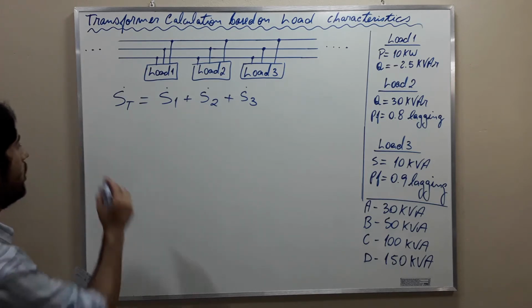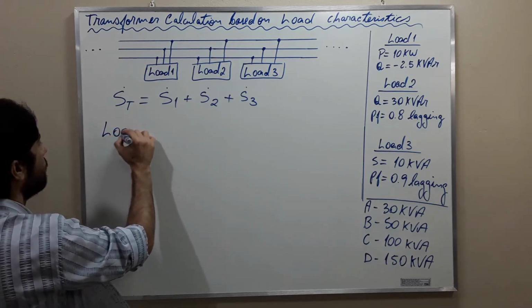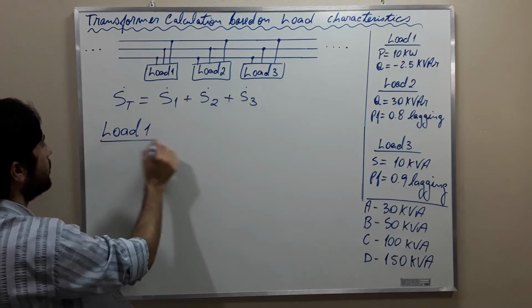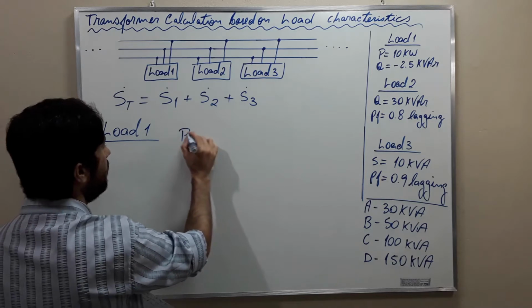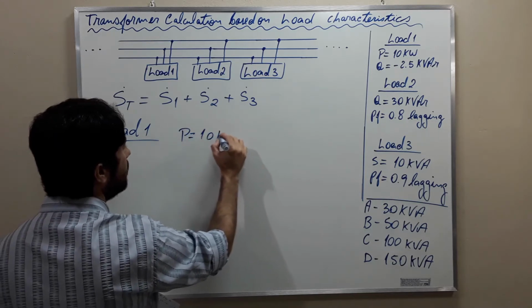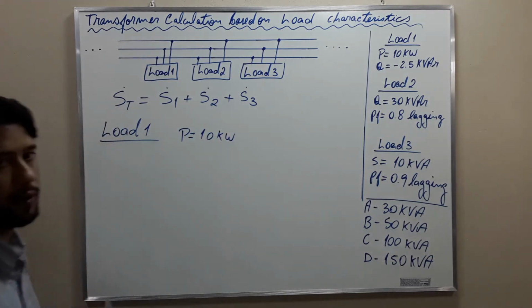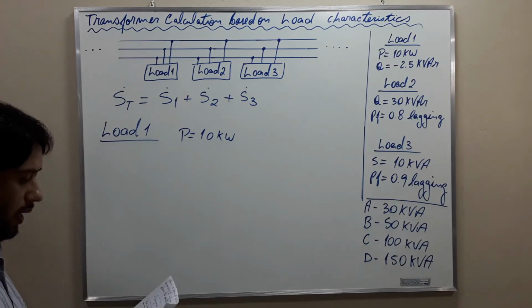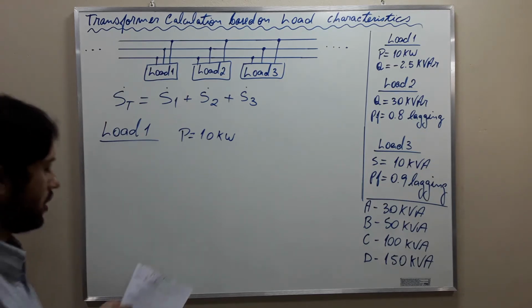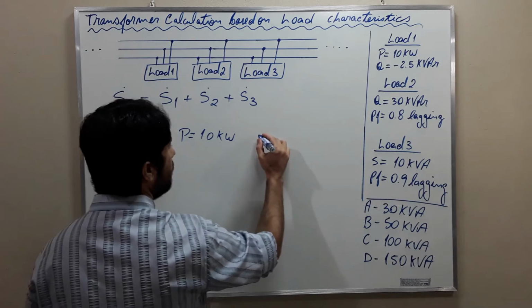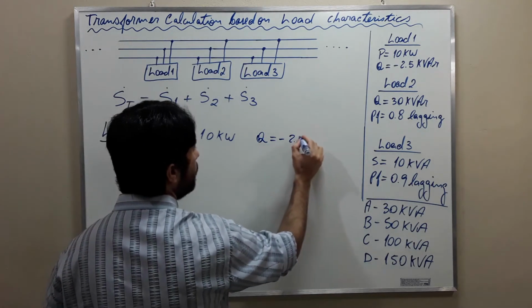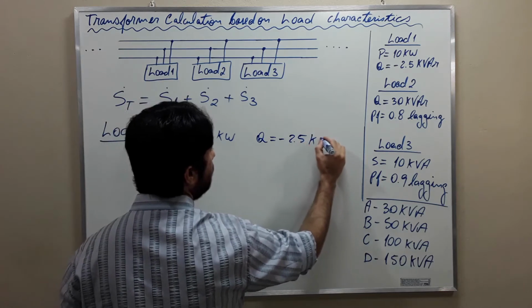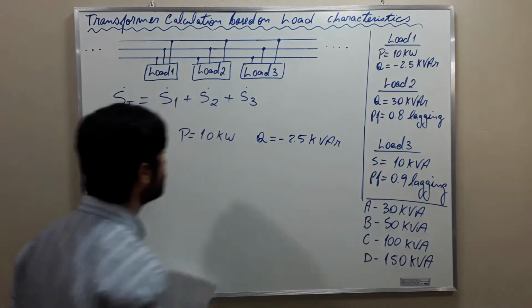Okay, for load 1, we see that P is equal to 10 kilowatts. The problem gave us this. And we see also that Q, the reactive power, is equal to negative 2.5 kVAR.